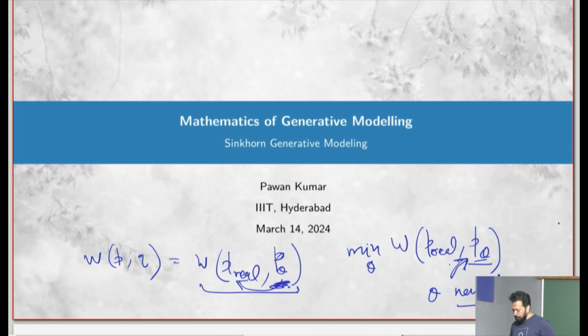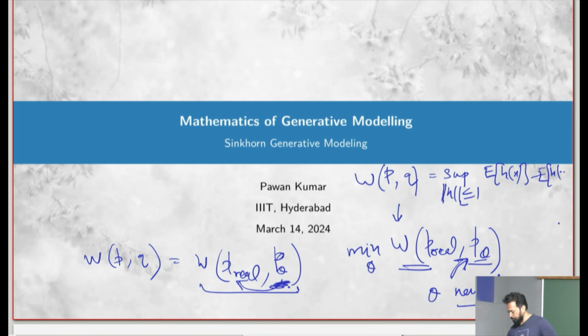So what we found in our earlier variant is we used KR duality, and from KR duality what we found is that W(P, Q) is the supremum over norm of H less than or equal to 1, so these are one-Lipschitz functions, of expectation of H(x) minus expectation of H(y). So this was the KR duality.